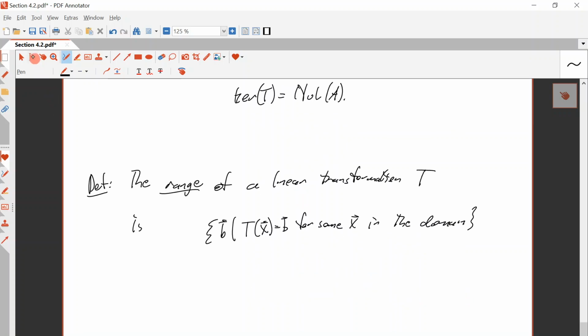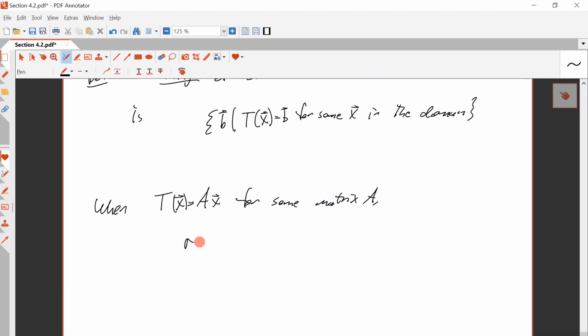Okay, and this is just the column space of the matrix that goes with the linear transformation. So when T of x is equal to Ax for some matrix A, the range of T is just the column space of A.